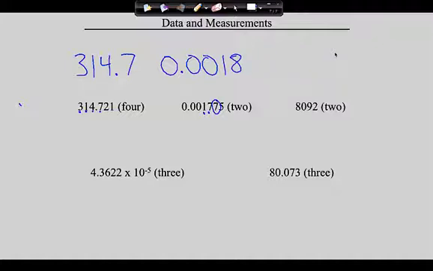All right, so guys, let's do this next one. 8092. Is that 0 significant? Yes. Why? Trapped. All right, so guys, we've got 4. We're going to round to 2. So we go 1, we go 2. What does the 9 tell us to do? Round up. So the 0 becomes a 1. So we go 8, 1. But now, guys, we get to John's question. Remember, John was asking about what do we do with zeros that aren't significant? Check this out. What are we going to do with the 9 and the 2?